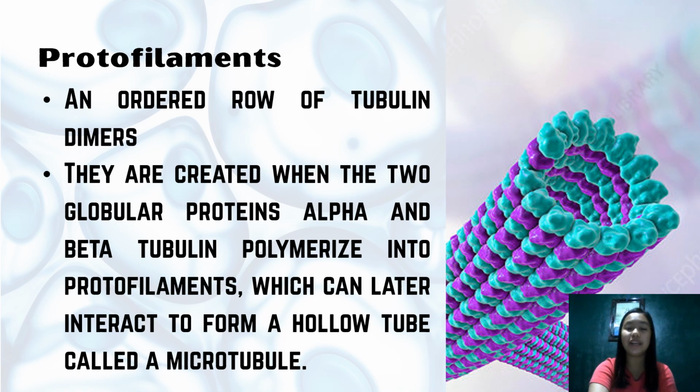These protofilaments interact to construct a hollow tube, a microtubule, which plays a vital role in cellular functions such as intracellular transport, maintenance of cell shape, and assistance in cell division. This precise arrangement of tubulin dimers in protofilaments is a key step in the dynamic assembly of an effective microtubule.